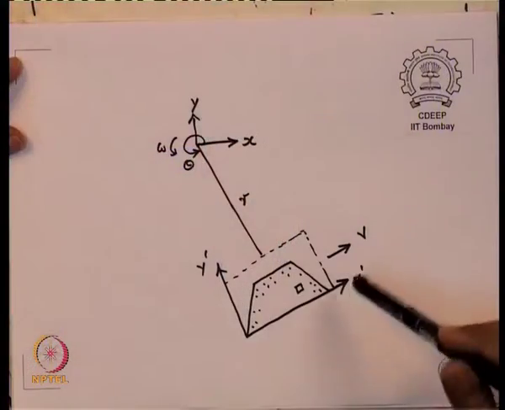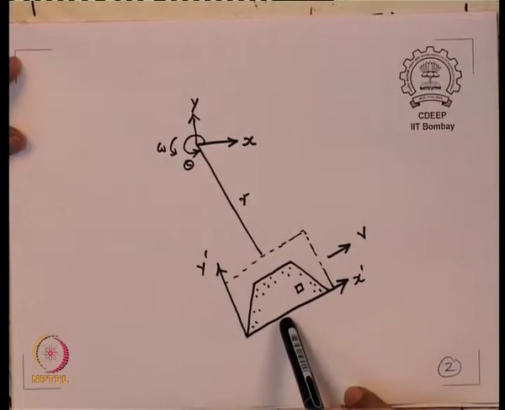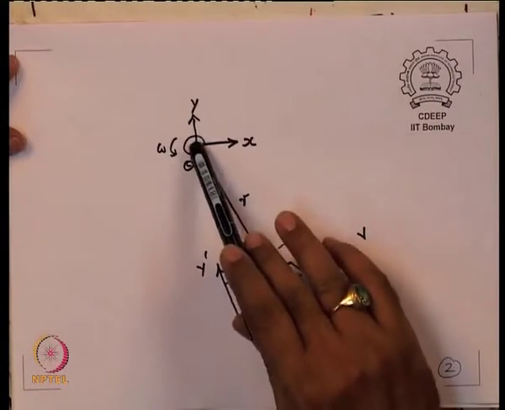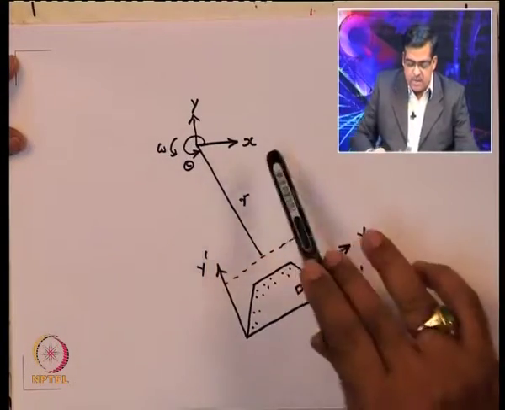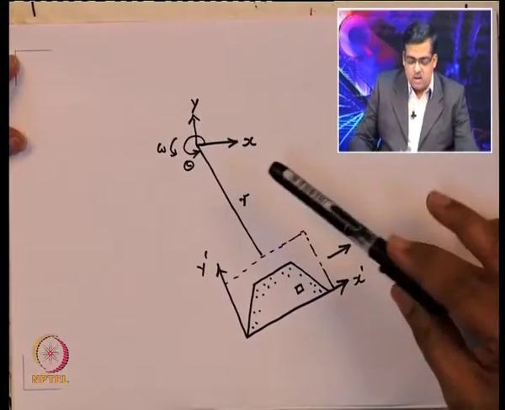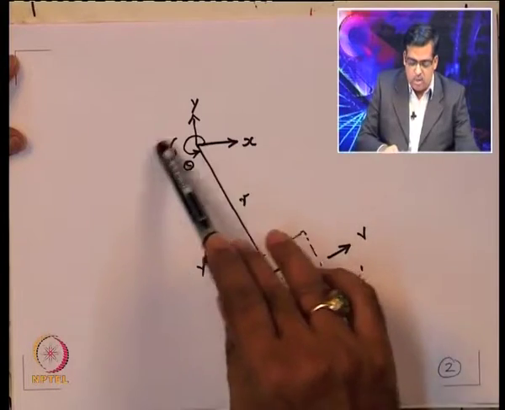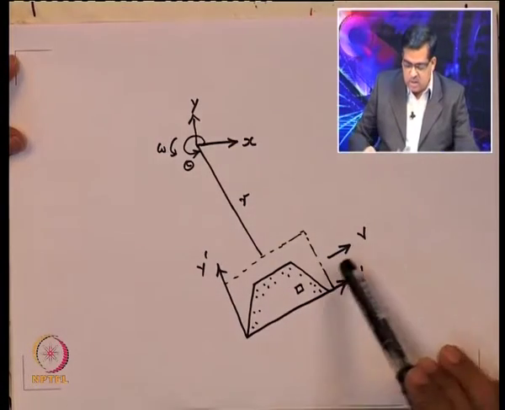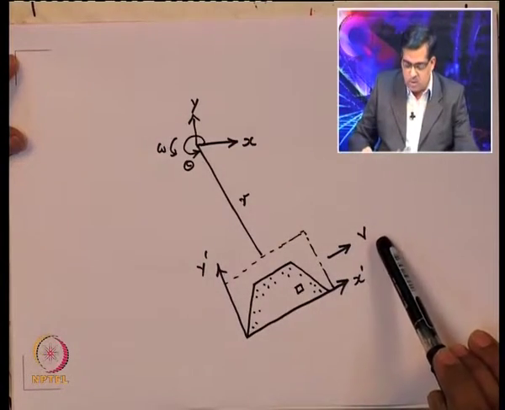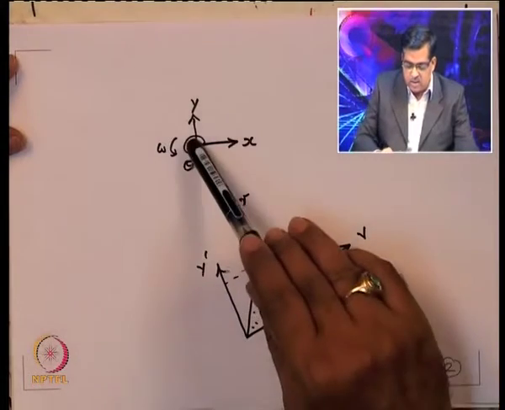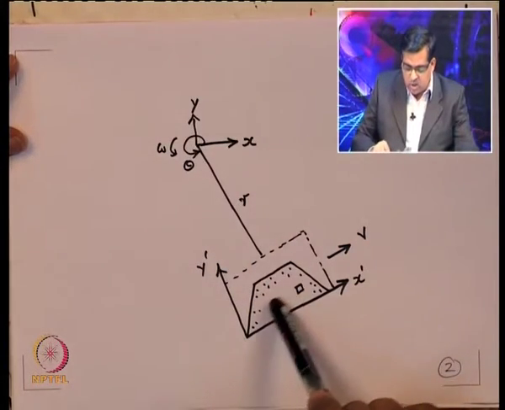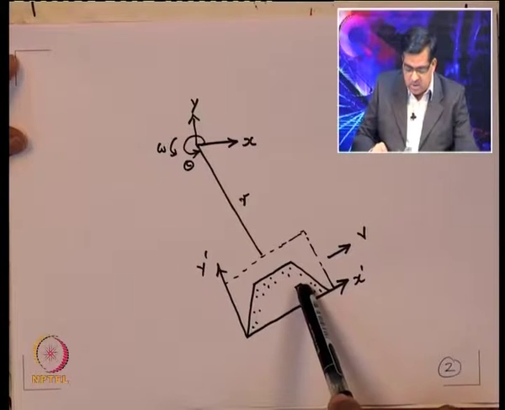So in order to understand the theory of the Coriolis effect, consider a model rotating about a vertical axis in a horizontal plane. What we are seeing is the plan view, and this is the center of the shaft, and x and y are the global coordinates at the center of the shaft, and the model is rotating in this direction with velocity v equal to r omega, where r is the radius up to the element considered here.